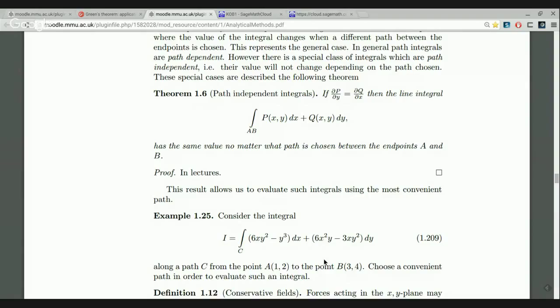Then again consider D to be, well, this time I'll do it the right way around, C2 minus C1. Now, that won't be a simple closed curve, because it'll be a closed curve, but it'll have many self-intersections. Okay? So you're going out along C1 first and then back along C2.